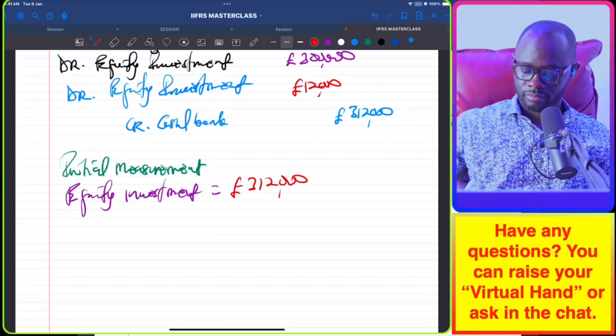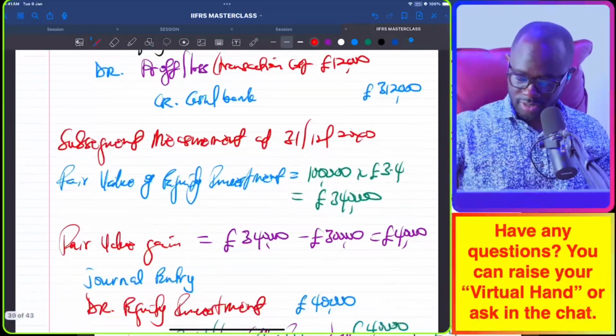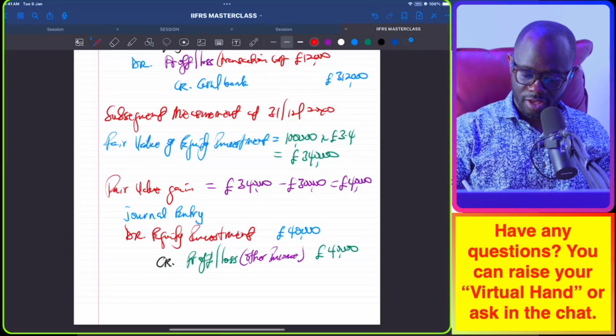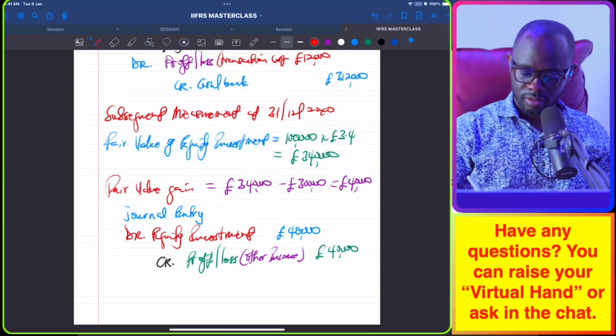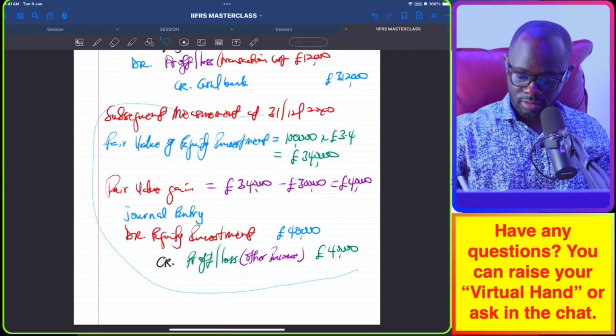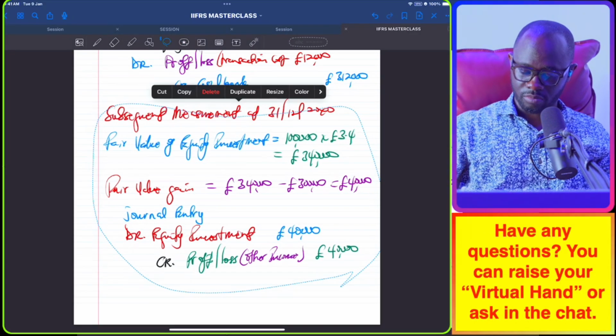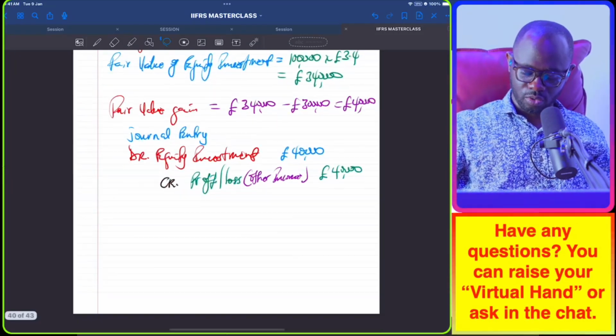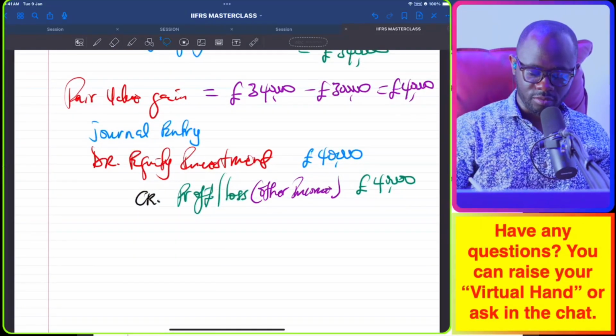Do you get the idea? 312,000. Now, on subsequent measurement, still we're getting our fair value gain, but it won't go to profit or loss. We won't credit profit or loss.